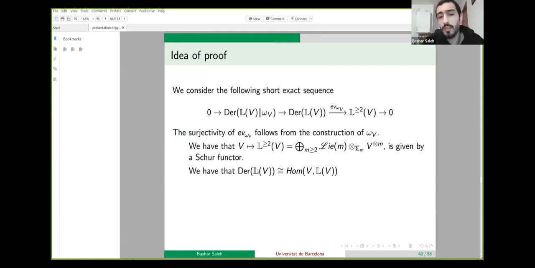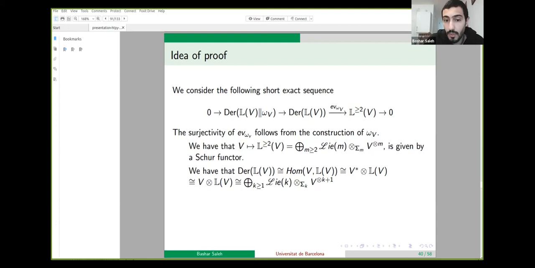A derivation on a free Lie algebra is determined by its restriction to the generating vector space. So we have an isomorphism like this, and we have an isomorphism now like this. And now, since V is an inner product space, we have an isomorphism like this, which is canonical, given by the inner product. It is something of this form.